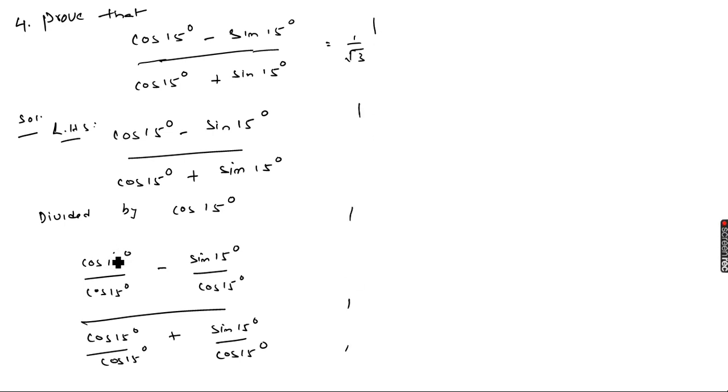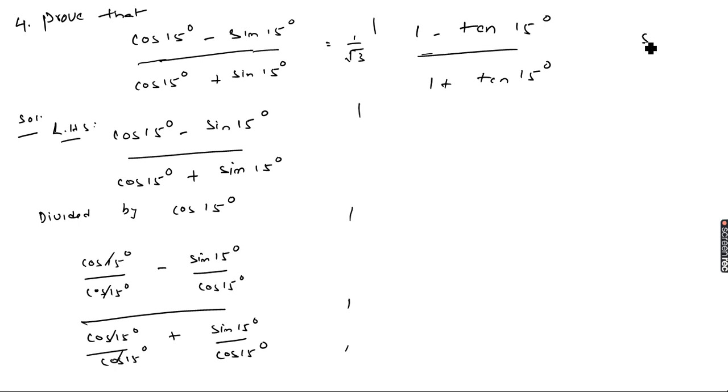So this cos is cancelled. So we get 1 minus tan 15 degree by 1 plus tan 15 degree.